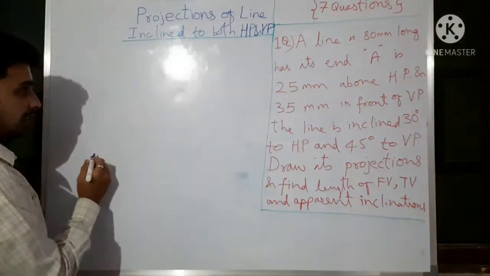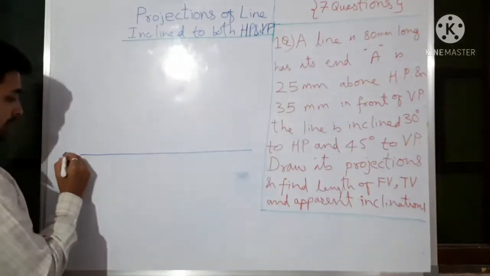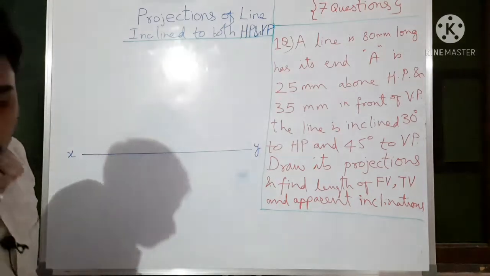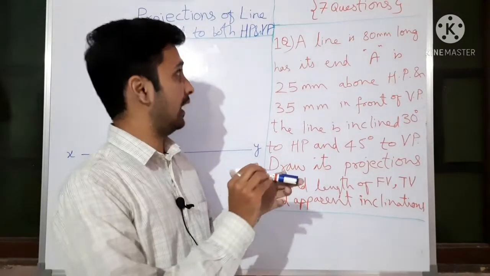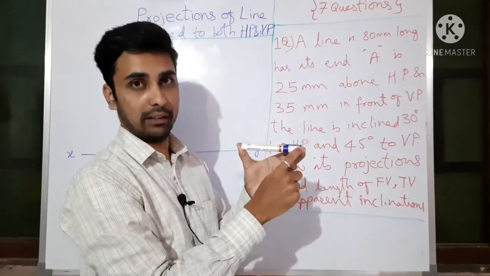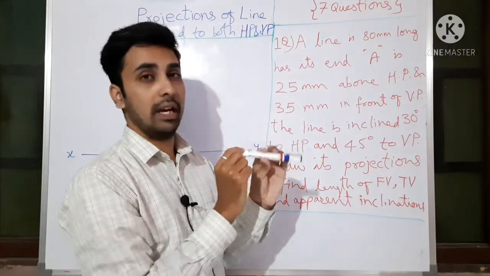So, okay, let us see. This is our XY line. Assume length of the line here given 80. This is the end A, this is the end B, as I said. So for time being, the end A you should assume as one point.